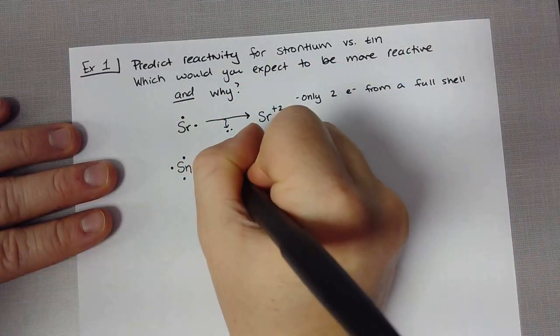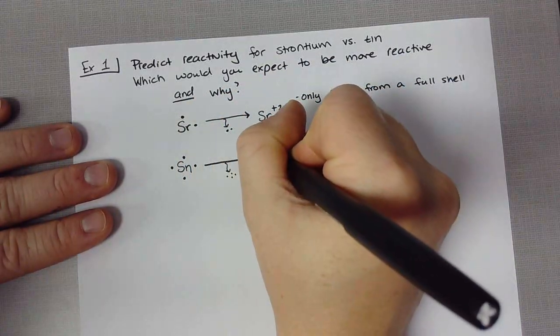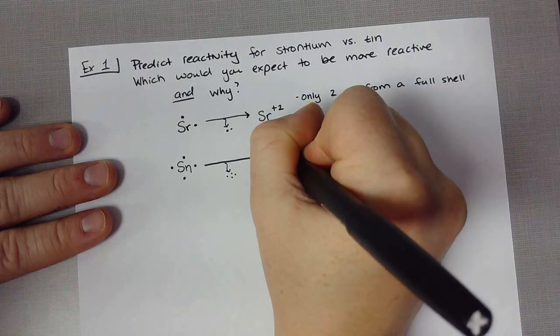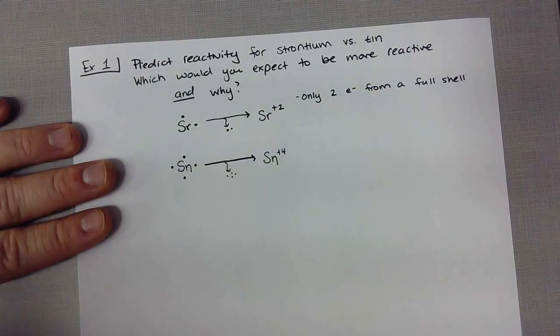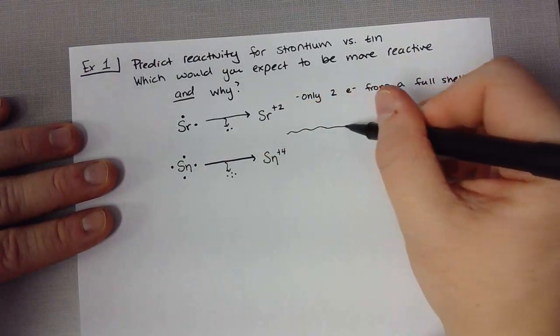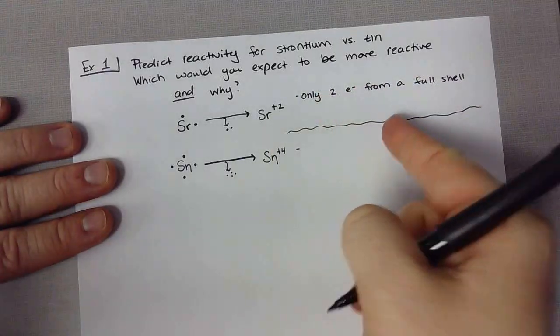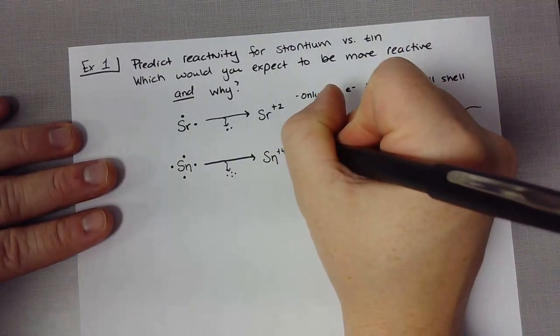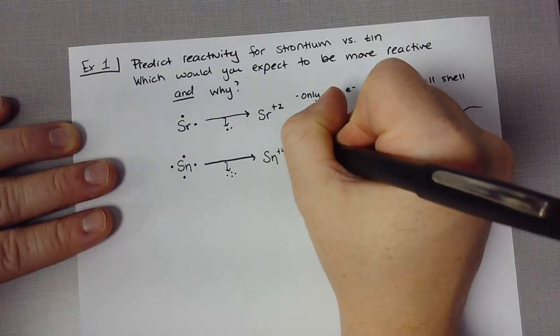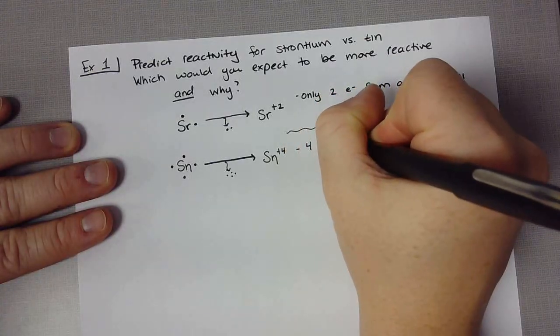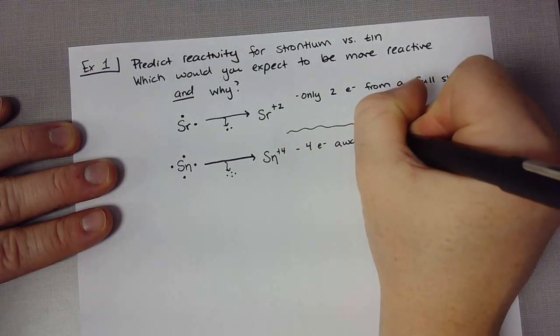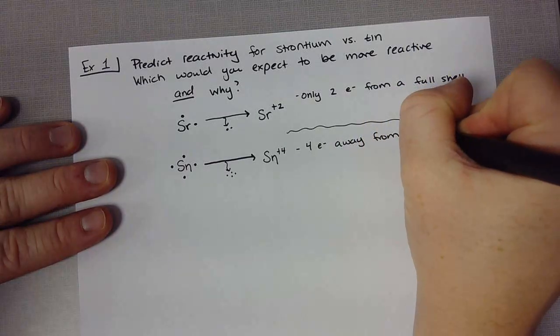It's got more to move. Now, technically it could gain as well, but usually we're going to see the positive ion form. So generally we're going to see tin form a positive charge and not that negative charge. But instead of being 2 electrons away, it is 4 electrons away from a full shell.